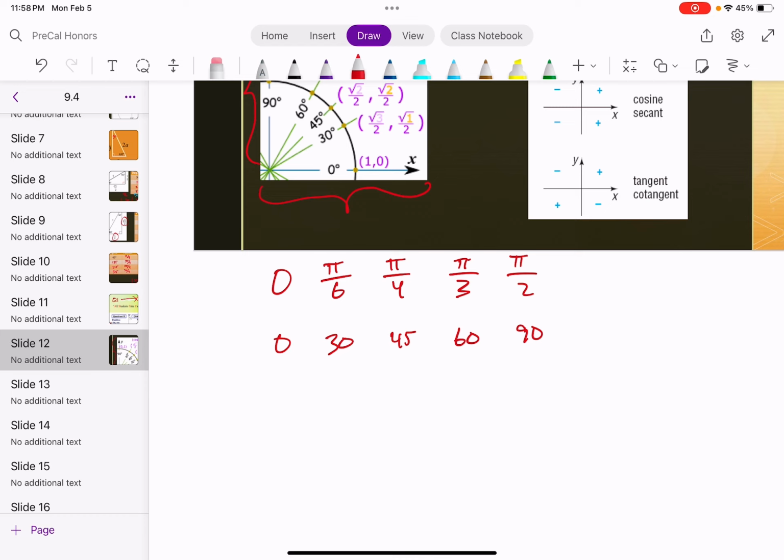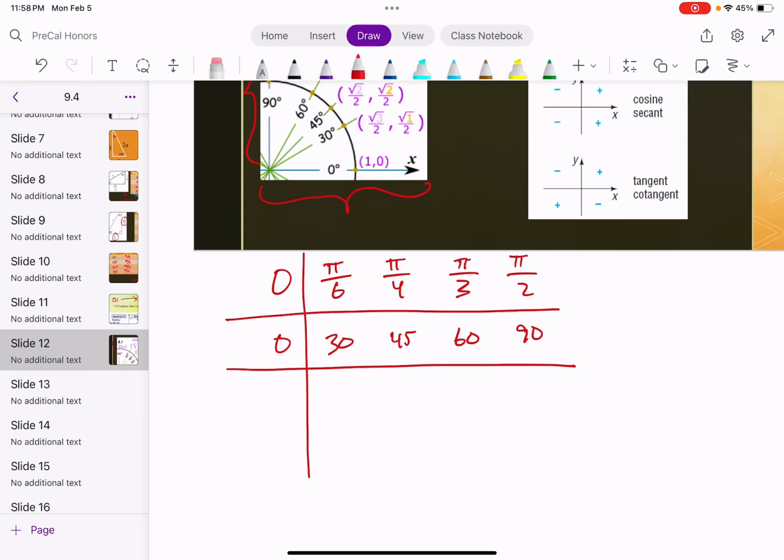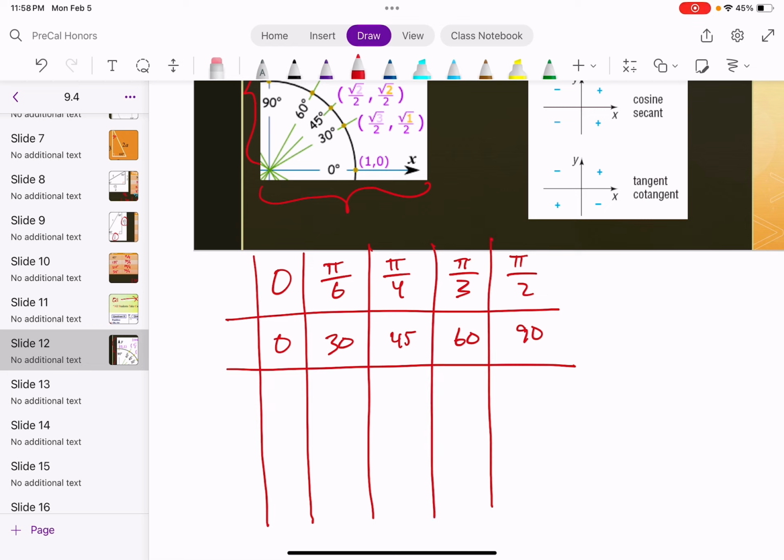Now you're going to end up having to fill this in. And as we start filling this in, everything will come together a little bit more. So this is our sine. Actually, these are all your degrees. We've got sine, cosine, and our tan.